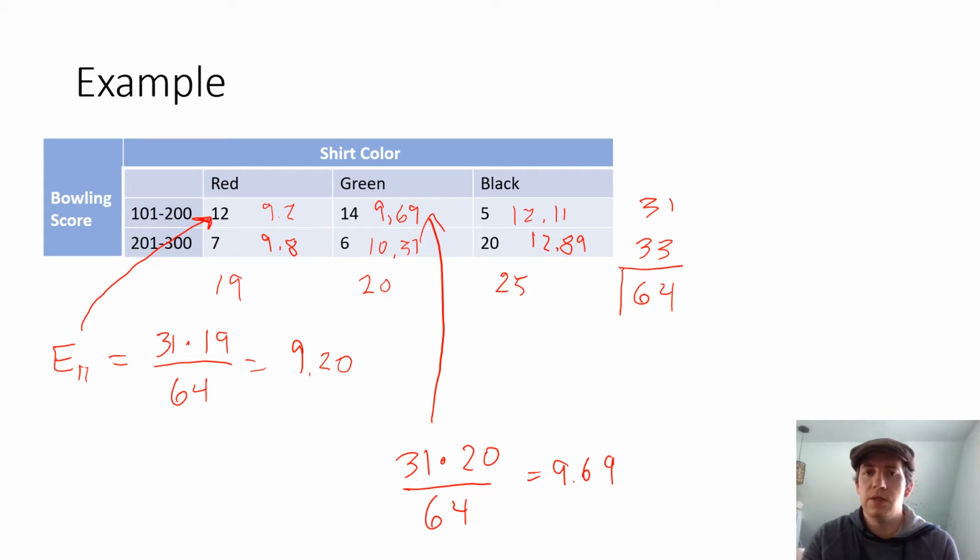When we're looking at this, the expected for black between 201 and 300 is 12.89, but the actual observed is 20. So this is a big difference. And the same thing for the black shirts between 101 and 200. We can start to see that there is a difference between the observed and the expected. And that big of a difference is probably going to show us that there really is an association.